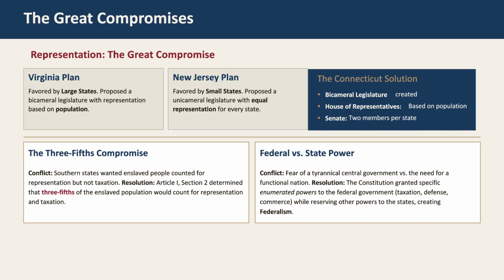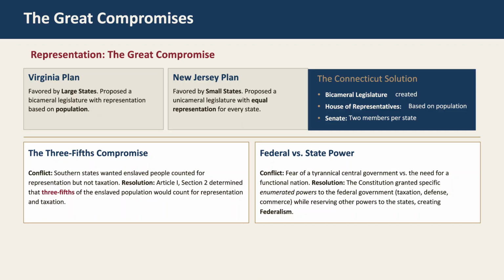What it did was create a bicameral legislature that satisfied both the large and the small states, and that's what we still have today: the House of Representatives, which would be based on the population. However, the Senate would give each state 2 members, no matter what the population was.